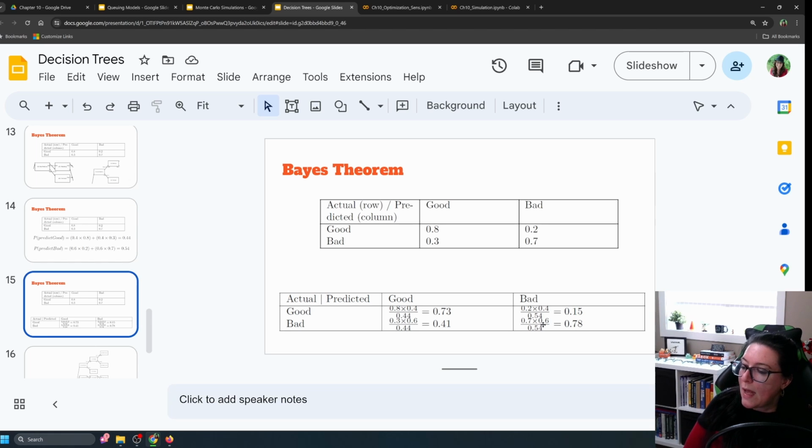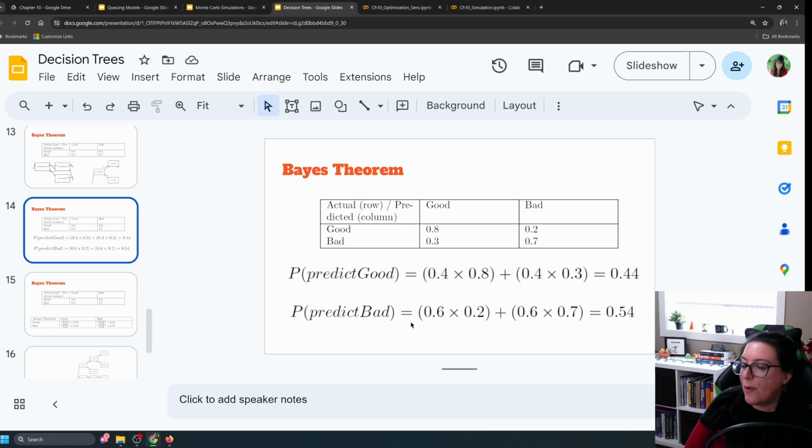And the last one is the probability that they predict it's bad when it's actually bad, 70%. The probability of a bad economy is 60%, and the probability they predict it's bad is 54%.